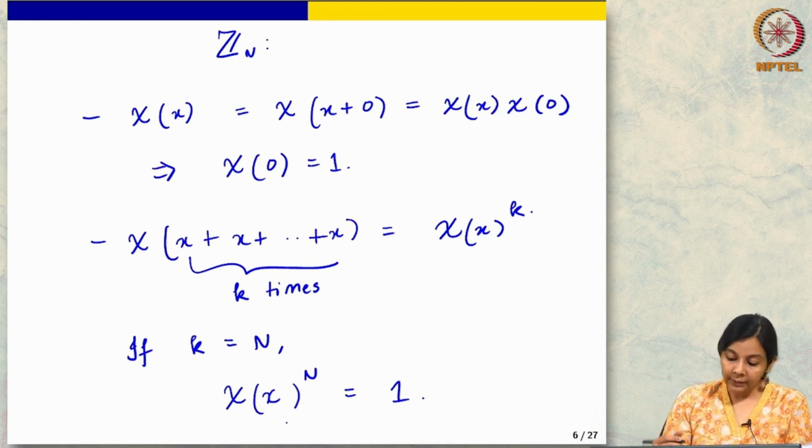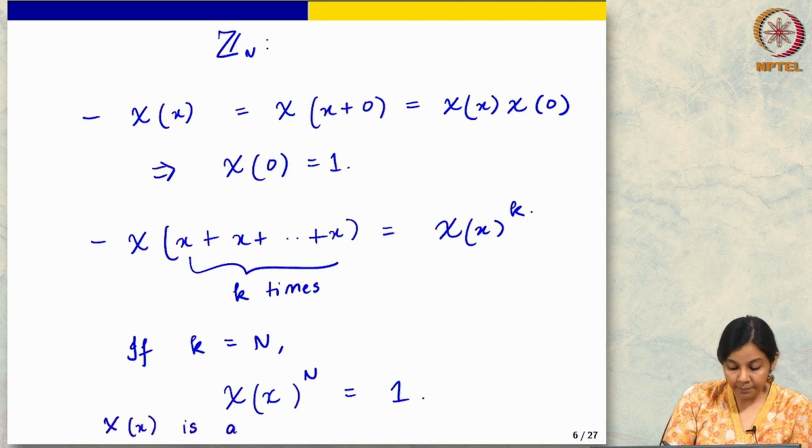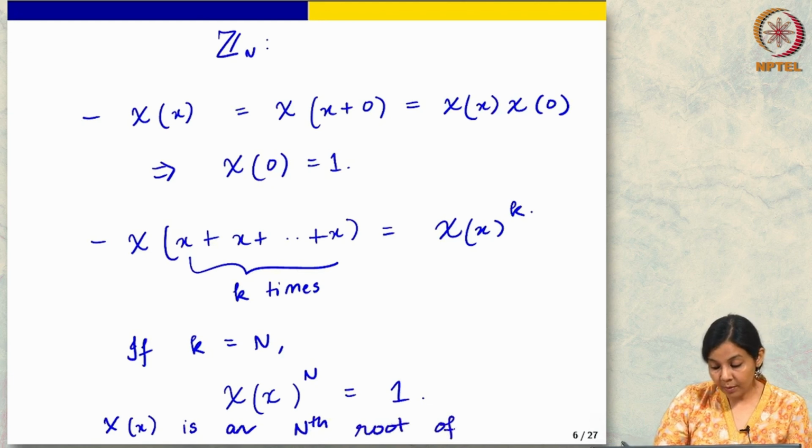So this literally means that chi of x is an nth root of unity. This is exactly by definition.